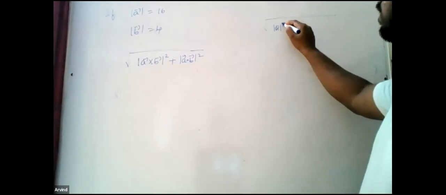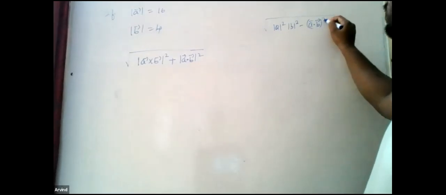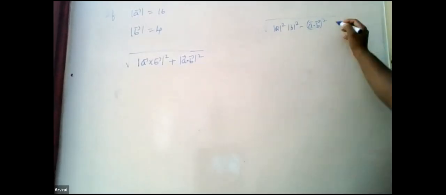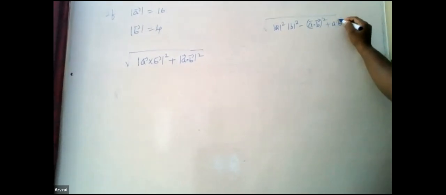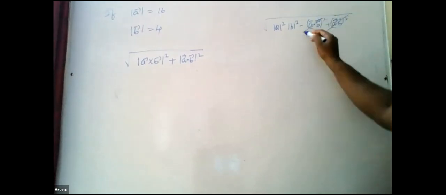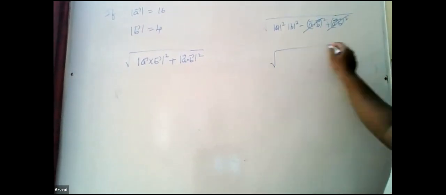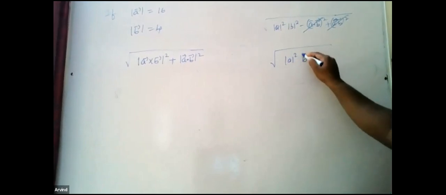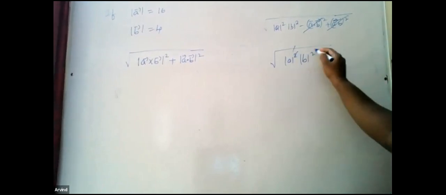Mod of A cross B the whole square is what? Mod A square mod B square minus A dot B the whole square. This mod A dot B is nothing but A dot B itself. A dot B the whole square. Okay, so this and this gets cancelled. So left with root of mod A square mod B square. So square and root gets cancelled.